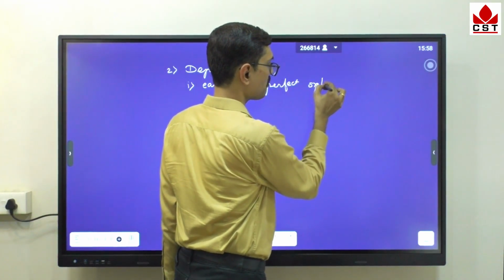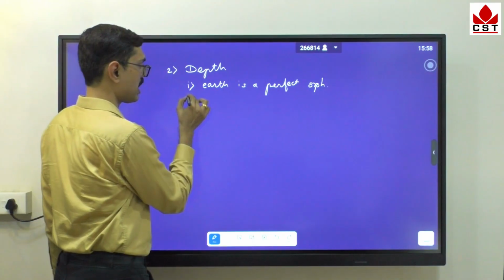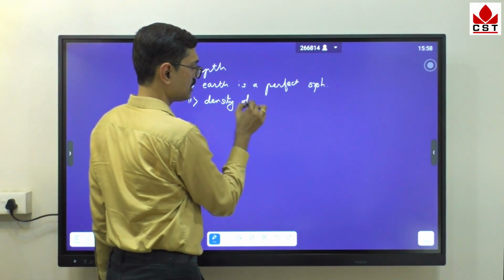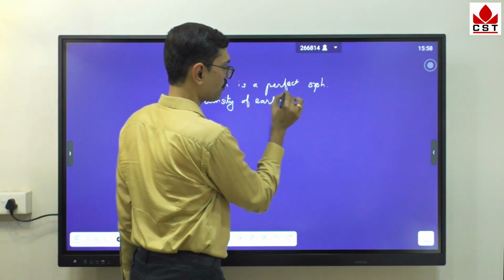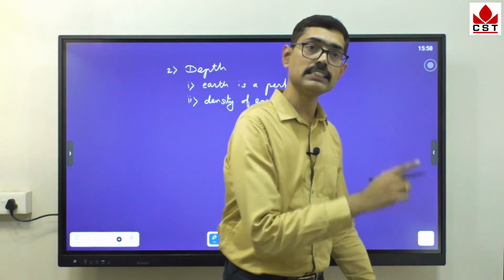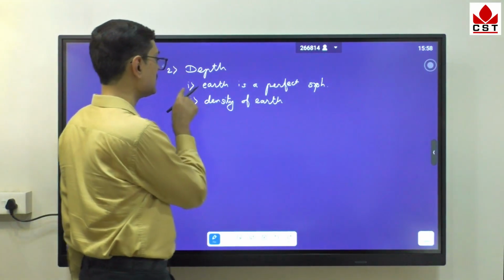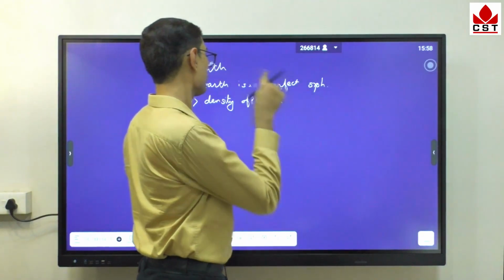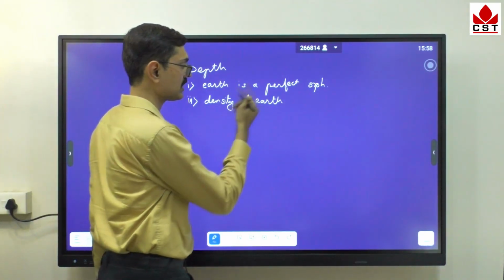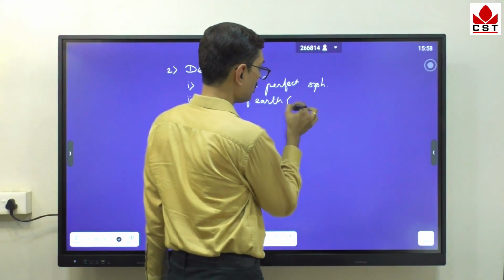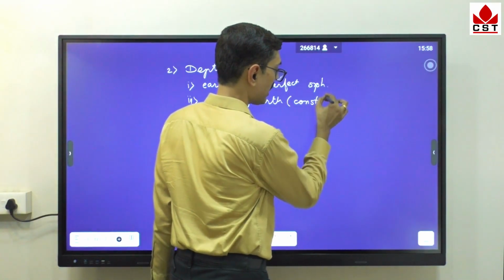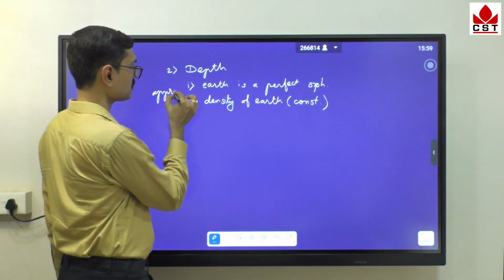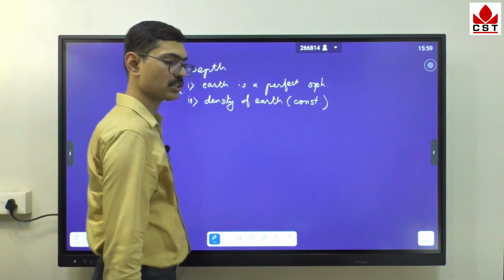And second, that the density of Earth is uniform. Density of Earth is not uniform from the center to the surface; density is changing. So we have to consider these two points, that Earth is a perfect sphere and the density is constant. We are considering this as an approximation. Therefore we have to calculate an approximate relation.